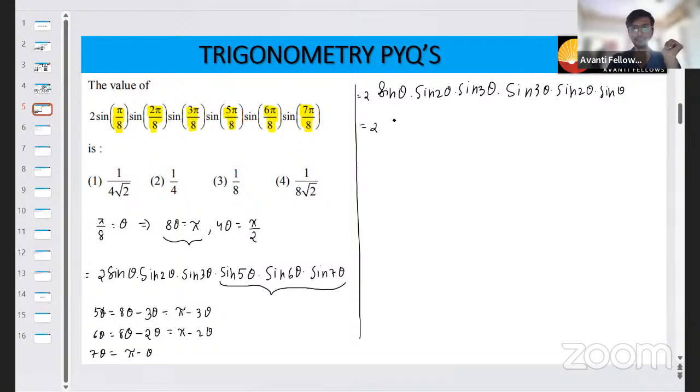So basically we got 2 of sine theta sine 2 theta sine 3 theta, the whole square, right? I hope you know the formula of this. The formula is sine of twice the highest angle. So 2 into 3 theta upon.